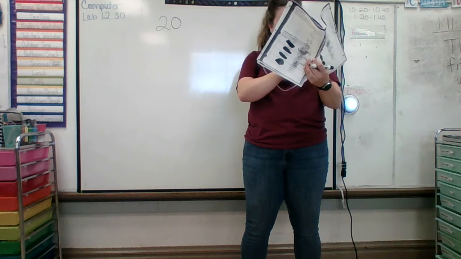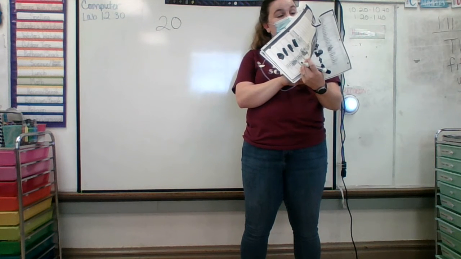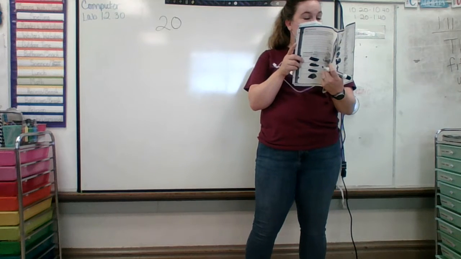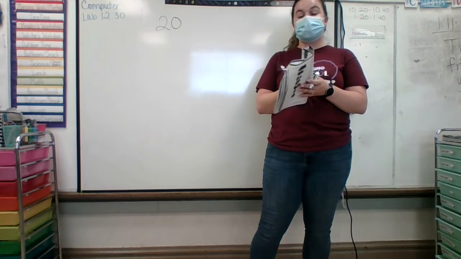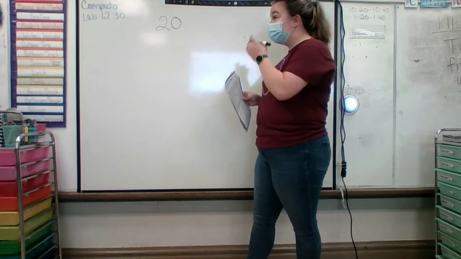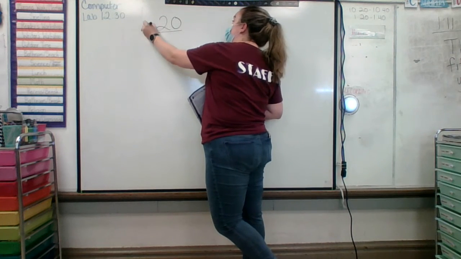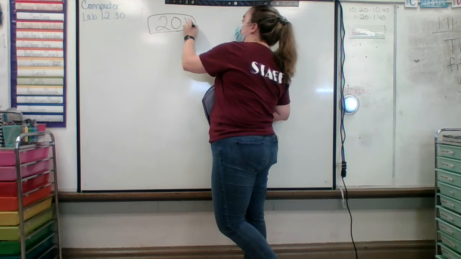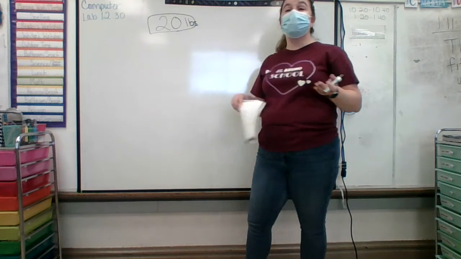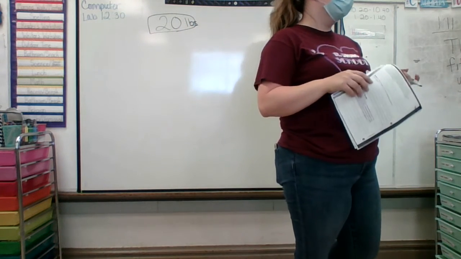And it actually goes on to 15 as well. There's other things we can look at to purchase. But remember, our backpack can only be 20 pounds. If it's over 20 pounds, it's too heavy, we can't carry it.